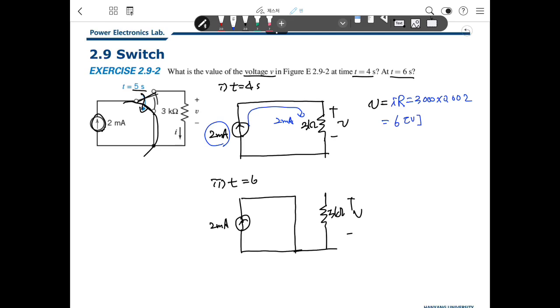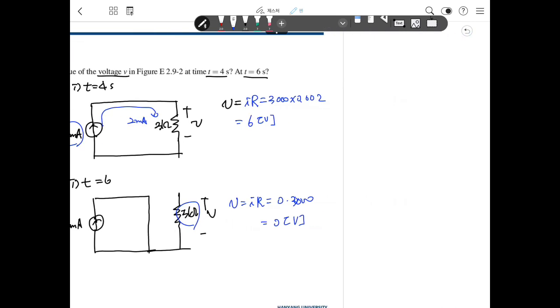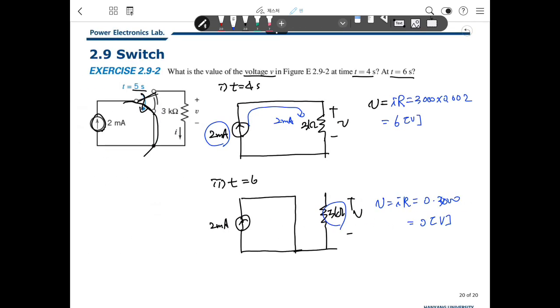But in this case, there is no current flowing through this resistor. So V is IR is 0 volt here. So based on the status of the switching, the current is different. So this is a rough overview.